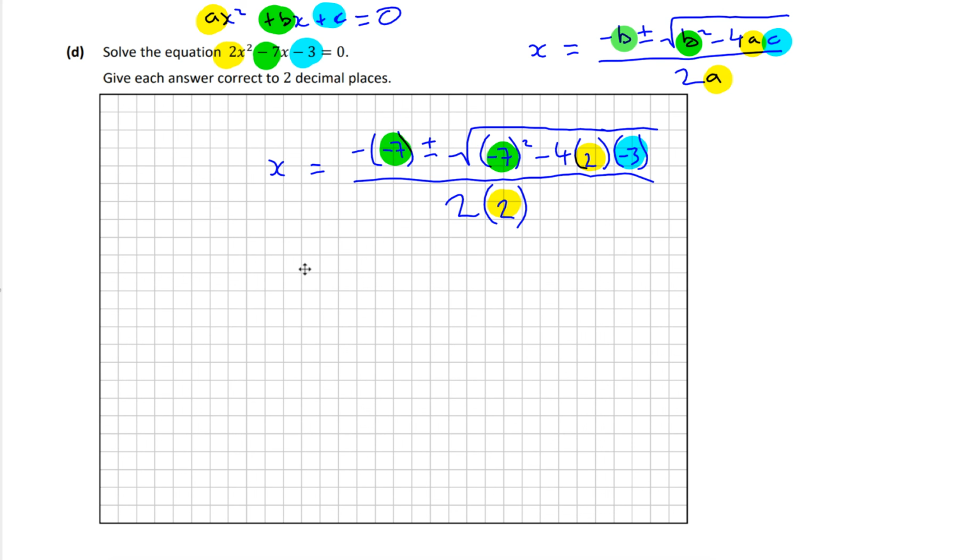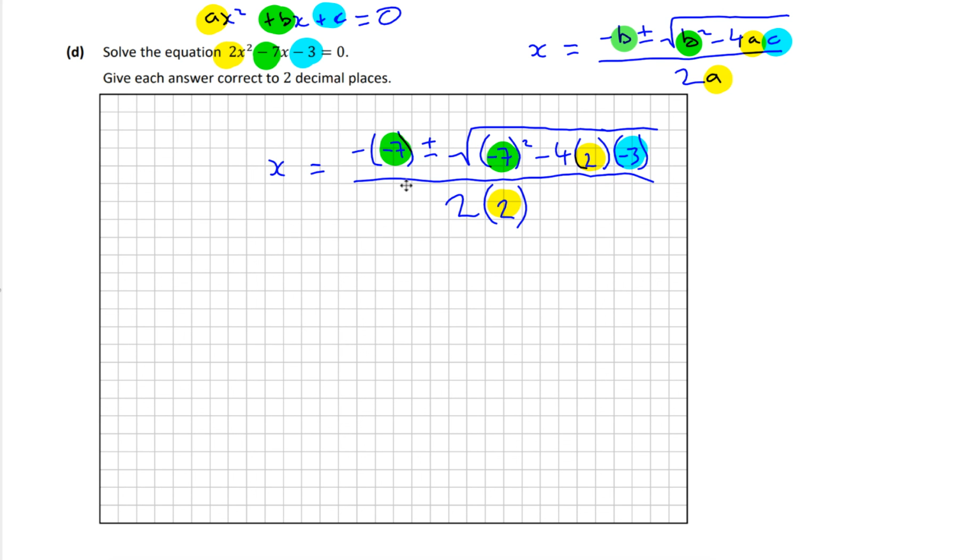So it's going to be minus bracket -7, and then we do it once with plus and once with minus. Okay, so I'm going to do it with plus first. Square root of -7 squared minus 4 times 2 times -3, all over 2 times 2.